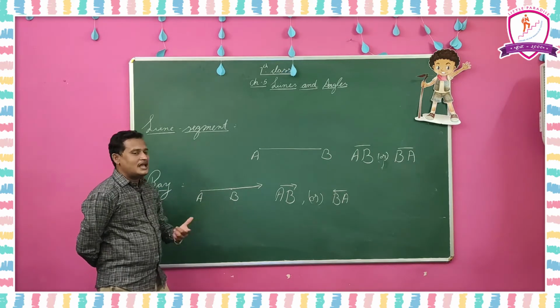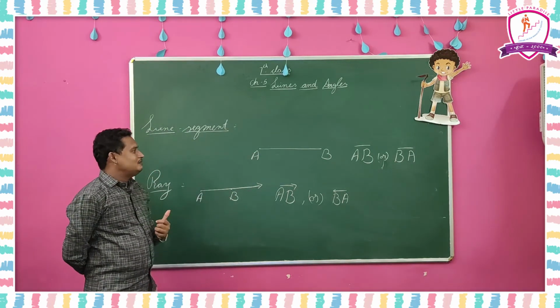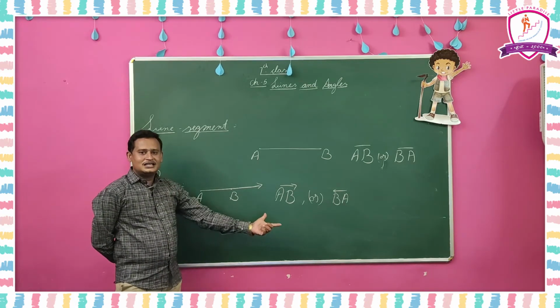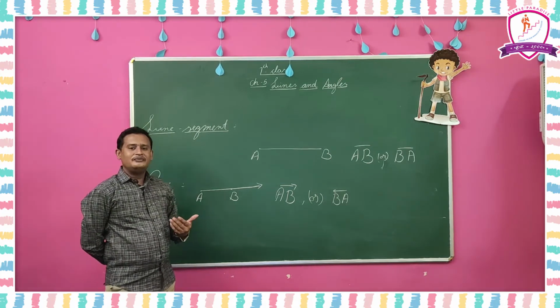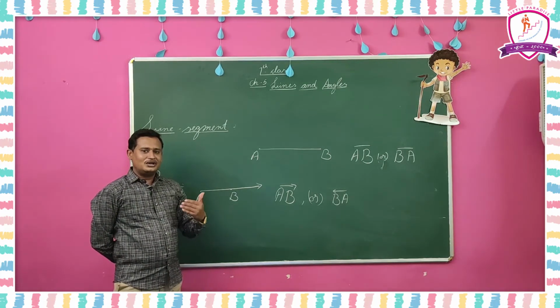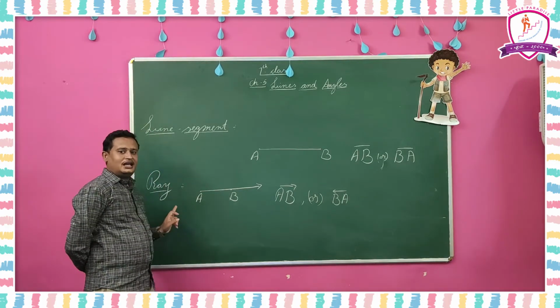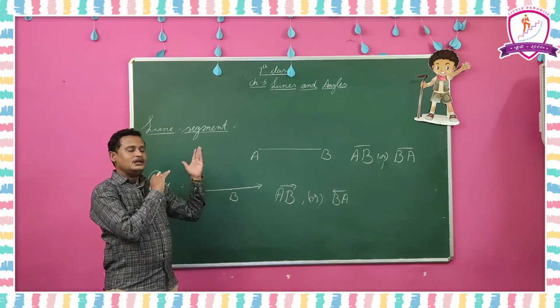You have to give some examples of line segments and rays. An example of a line segment is the edge of the blackboard. Try to give some more examples in your notebooks. What is an example for a ray?